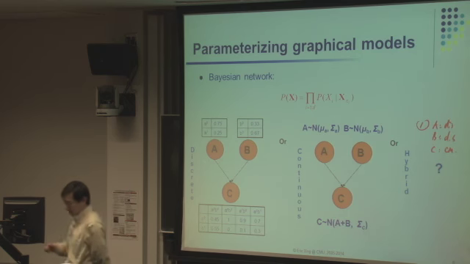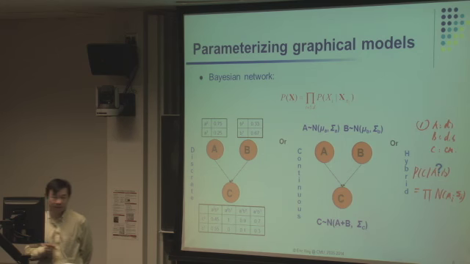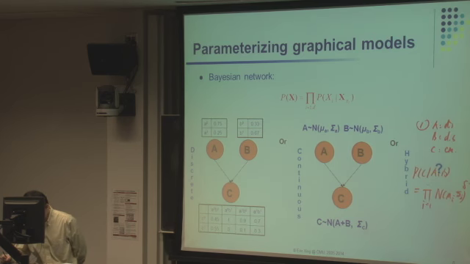And mathematically, I hope you still remember, we have this trick: P of C given the discrete A and B could be written as a multiplication of multiple Gaussians, say the i-th component, with i going from 1 to many, and then I have a delta function, which is an indicator function, delta of A times delta of B. What does that mean?